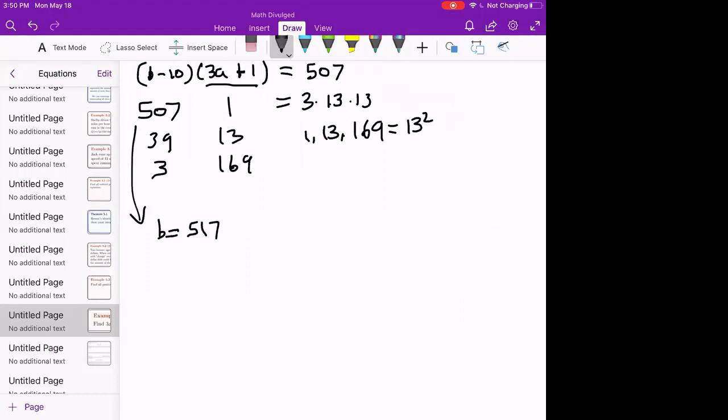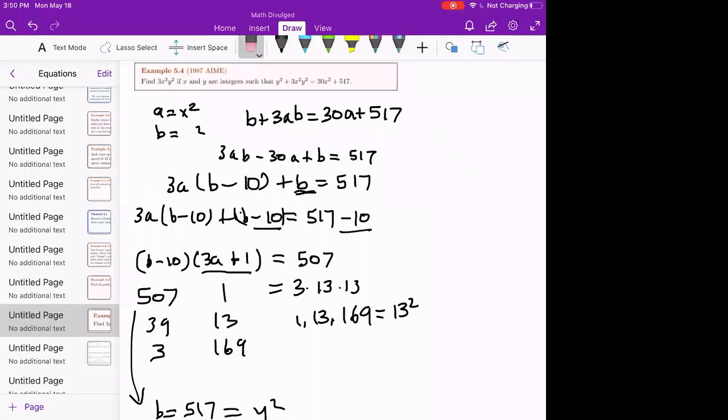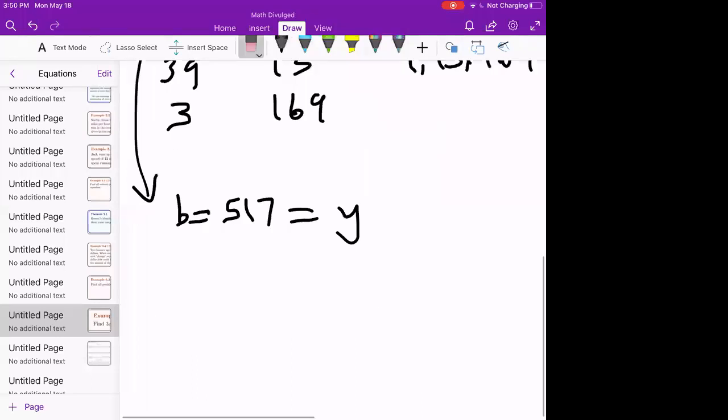And since b is ultimately equal to y squared, we have to remember the substitution that we did at the very beginning, this substitution right here. We realize that b cannot be 517 since there's no integer value of y such that y squared is equal to 517.